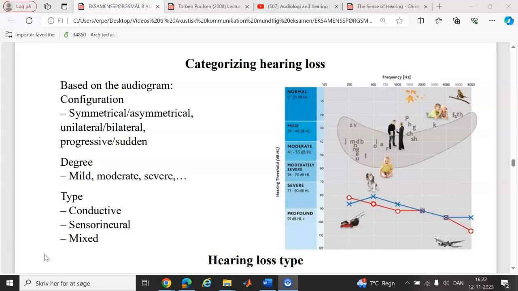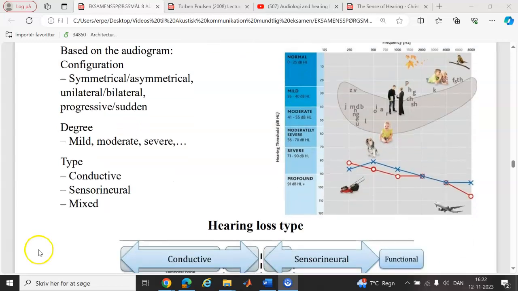Normal is from 0 to 25 dB hearing loss, and then mild, moderate, moderate-severe, and profound is from 91 dB hearing loss, and so on. There are also some frequency areas. Normally, the hearing loss increases and gets worse with higher frequencies.